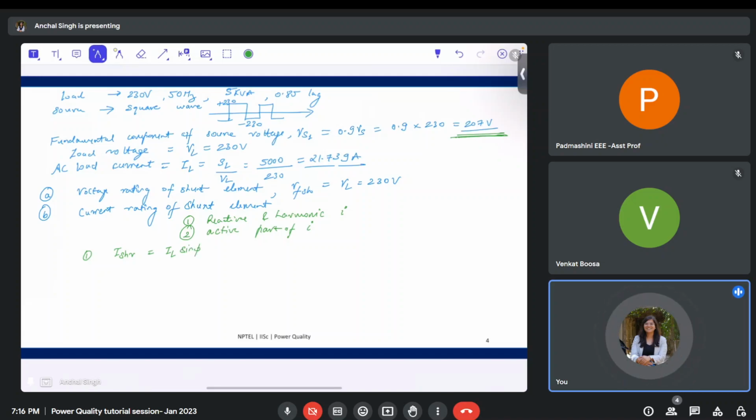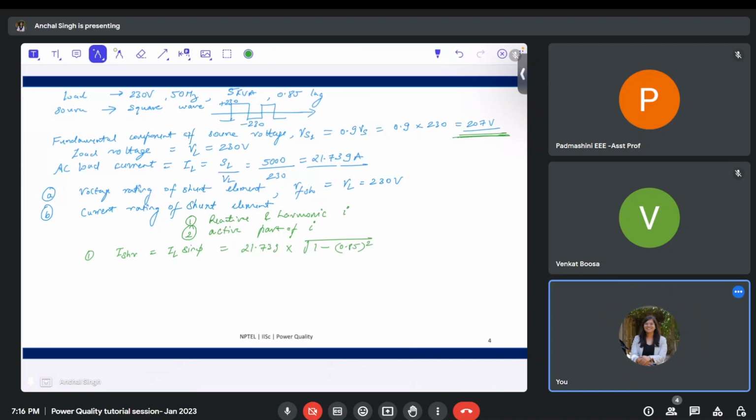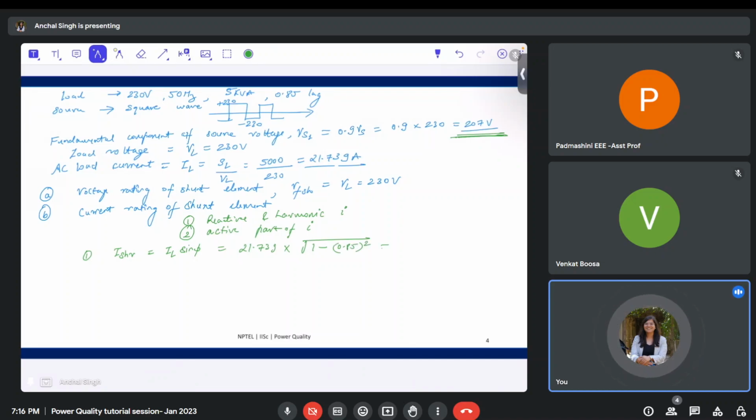Now, I know that the power factor is already given as 0.85, and the load current for my system is 21.739. So I can find this IL sine phi as 21.739 into sine phi, where sine phi is under root of 1 minus cos square phi, and cos phi is given as 0.85. This component will come out to be approximately 11.452 amperes.